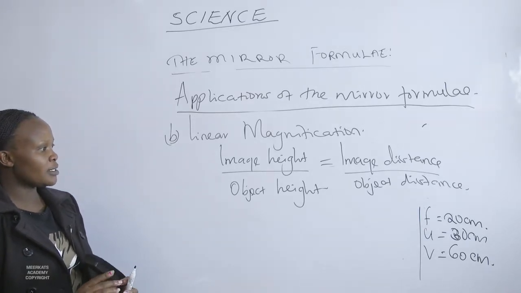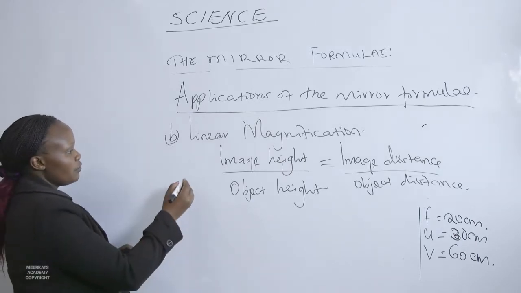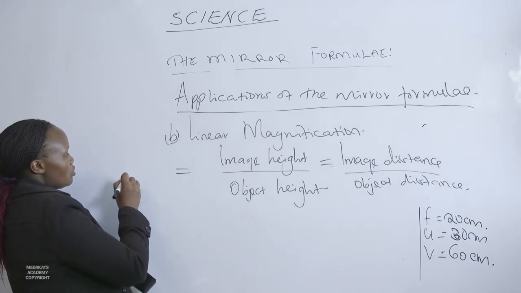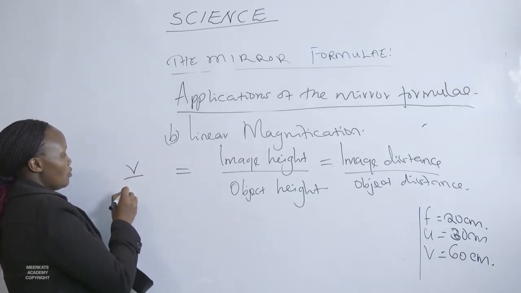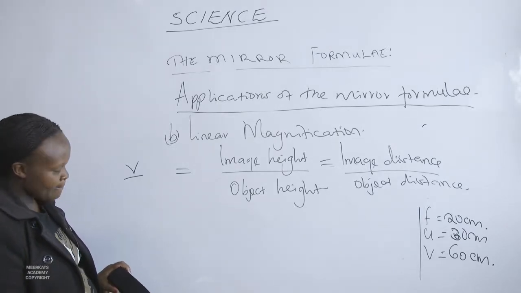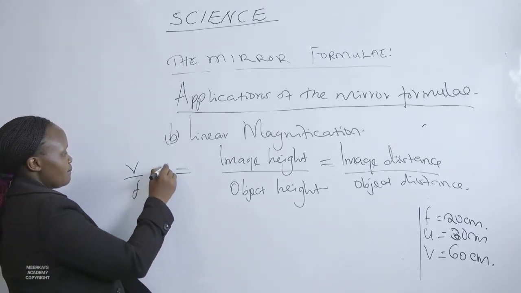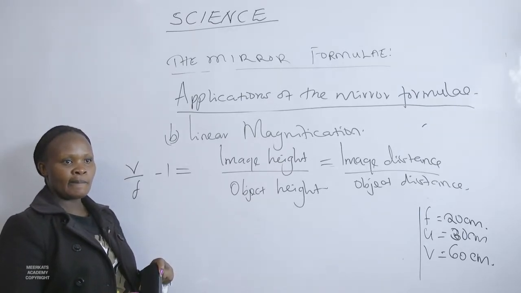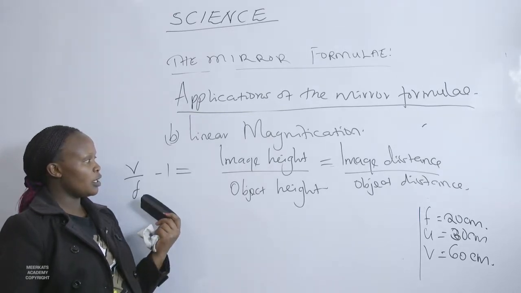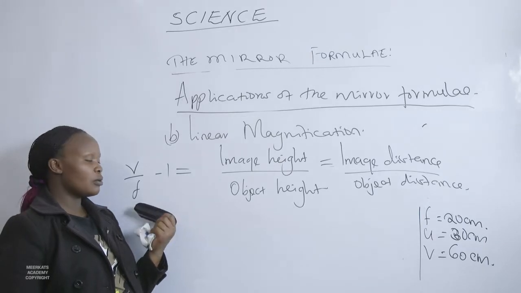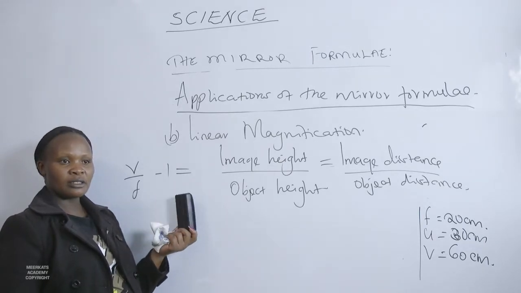Now, in our case, we have also found out from our formula that magnification can also be given by V over F minus 1.